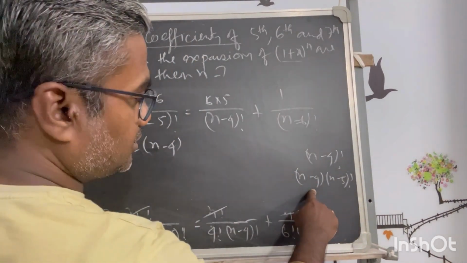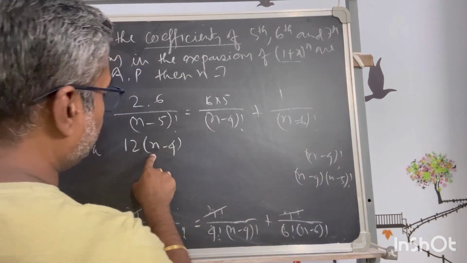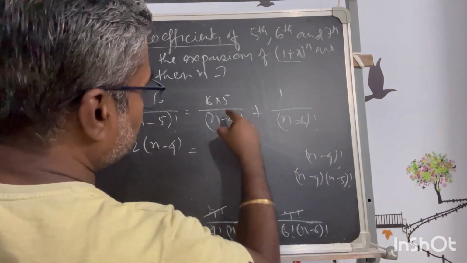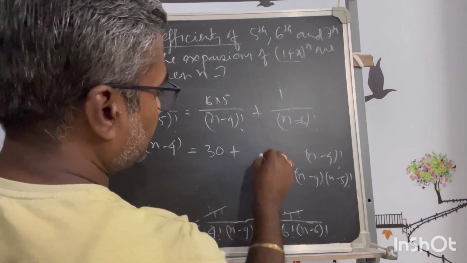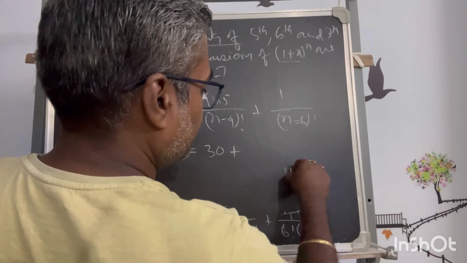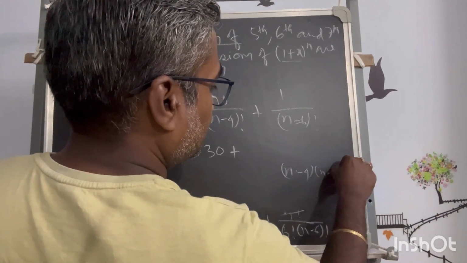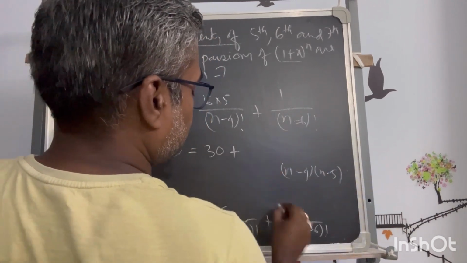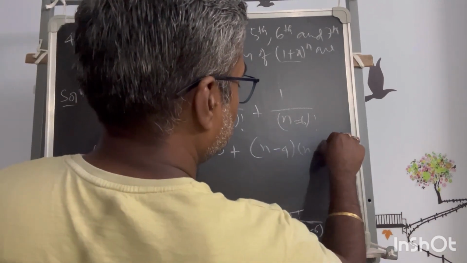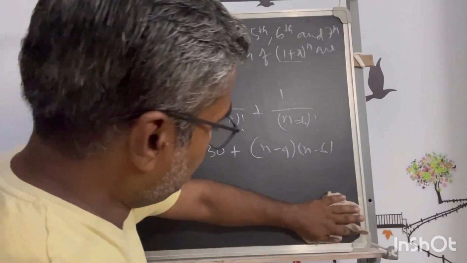So this n minus 5 will be cancelled. So remaining at the top is this much. Here if I multiply, this will be cancelled, this will be 30 then, and plus then n minus 4 into n minus 5 will be there, and n minus 6 will be cancelled out. So this term will be there, n minus 4 into n minus 6. So this will be the ultimate equation that we have to solve.